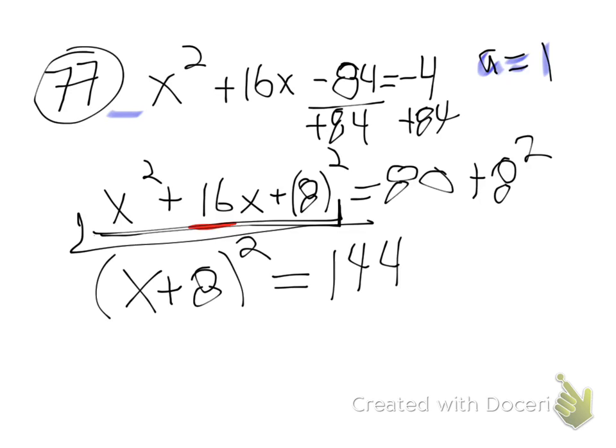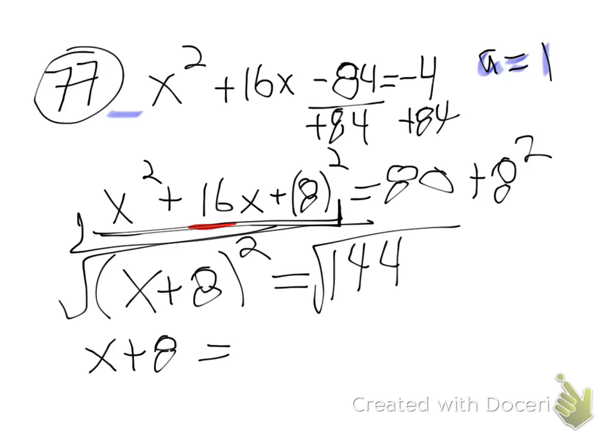Now we solve it by square rooting both sides, and this gives us x plus 8. Now anytime you take a square root inside of an equation, this is a rule you have to know. You have to put a plus or minus in front of there, because positive 12 squared is 144, but negative 12 squared is also 144. So now we're going to get two answers.